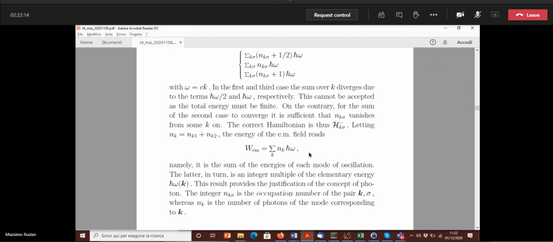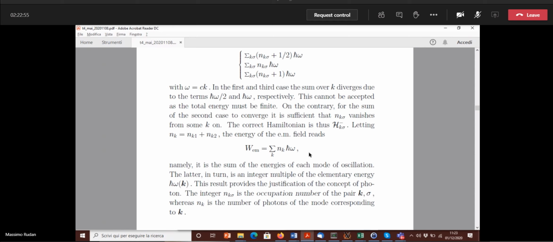So this is the formal demonstration of the hypothesis of the existence of photons that is obtained starting from the classical expression of the electromagnetic field given by the Maxwell equations, and after many manipulations, they are reduced to the form of the linear harmonic oscillator, and then the linear harmonic oscillator is quantized, okay, and this is the end.